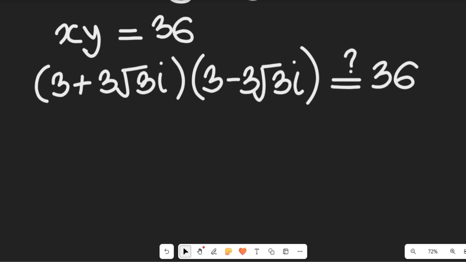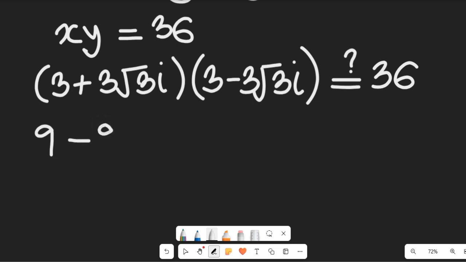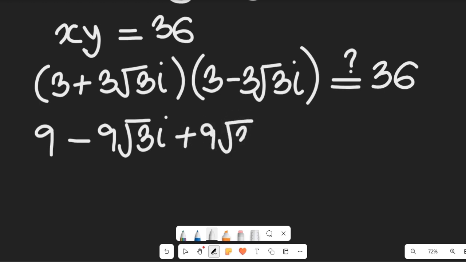3 times 3 is going to give us 9. 3 times minus 3 root 3i is going to give us minus 9 root 3i. And now we have plus 3 times 3 root 3i, which is going to give us plus 9 root 3i, right?